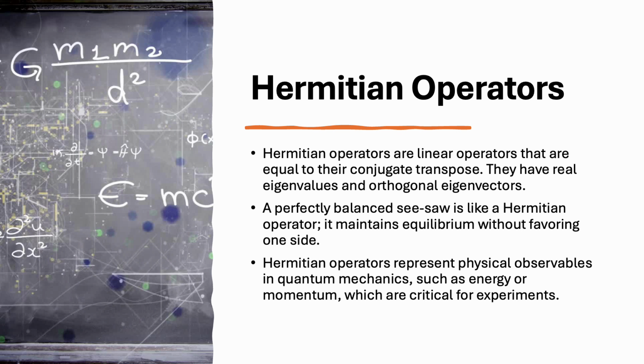Hermitian operators represent physical observables in quantum mechanics, such as energy or momentum, which are critical for experiments. I would strongly suggest you conduct research on experiment design using a classical computer and see what happens. Alright, let's move on.